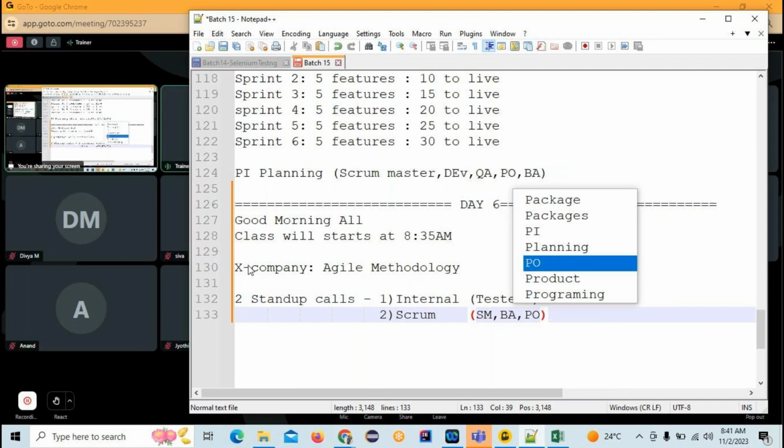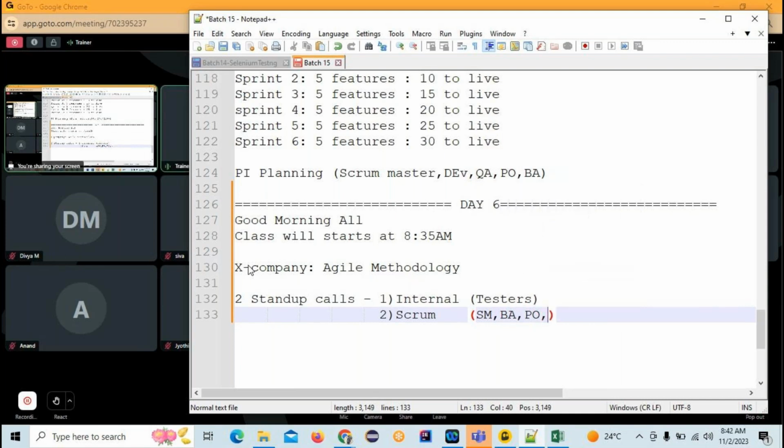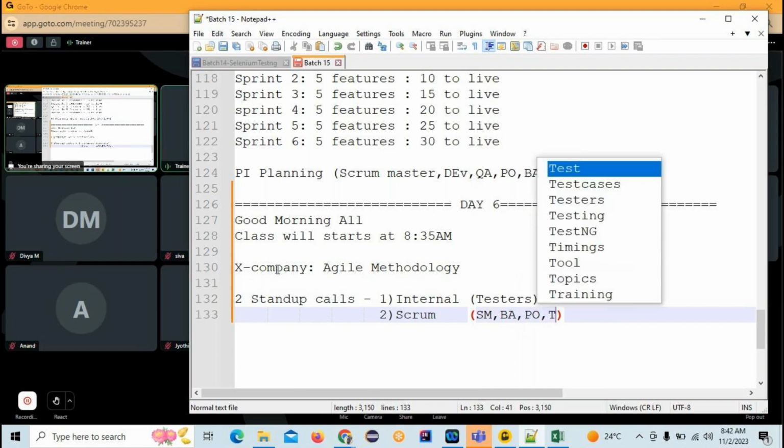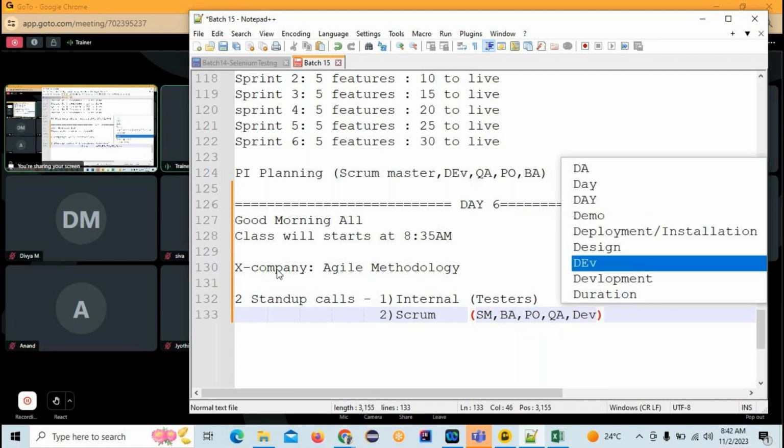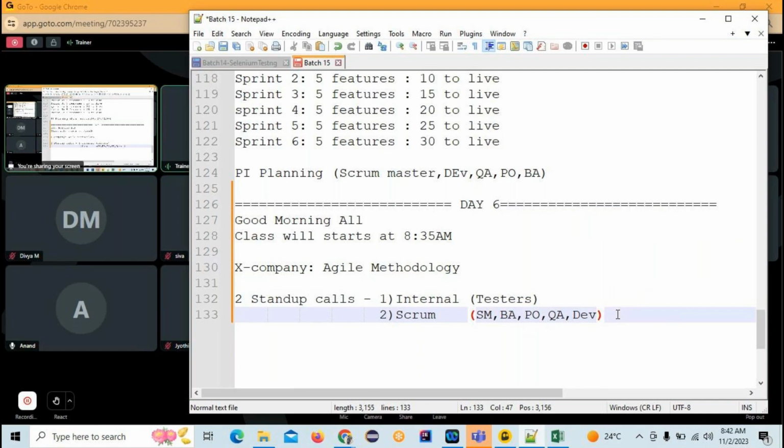The Scrum Master will pull in the PO if you need any information from the PMO, but it's not mandatory for the PO to attend. Testers, that is QA, and developers will be there. So these are the people involved in that Scrum call. Mostly this call happens in the afternoon session, around 1 o'clock, 1:30 to 2:30.